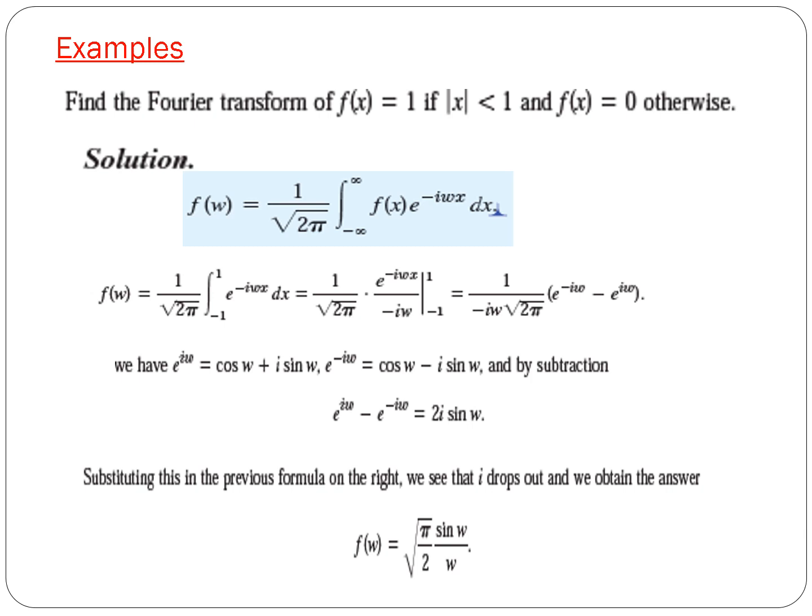And we know that e raised to i omega equal to cos omega plus i sin omega, and e raised to minus i omega equal to cos omega minus i sin omega, and e raised to i omega minus e raised to minus i omega equal to 2i sin omega. Substituting this in the above formula, the value of the Fourier transform becomes F of omega equal to root of 2 by pi into sin omega by omega.